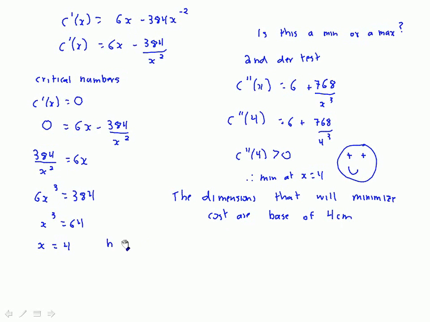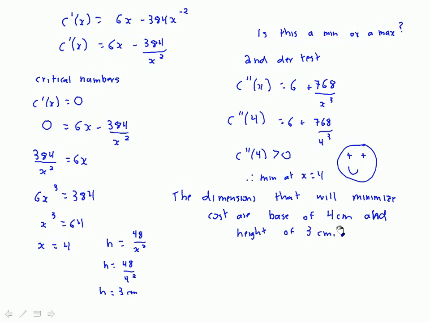So before I get too deep into that one, h, as we saw earlier, is 48 over x squared. So h is equal to 48 over 4 squared. So 48 over 16, h is equal to 3 centimeters. And, oops, height of 3 centimeters. So that's how these ones go.